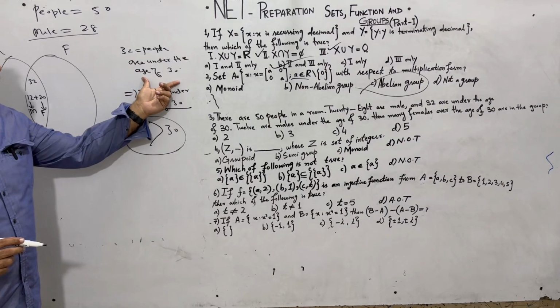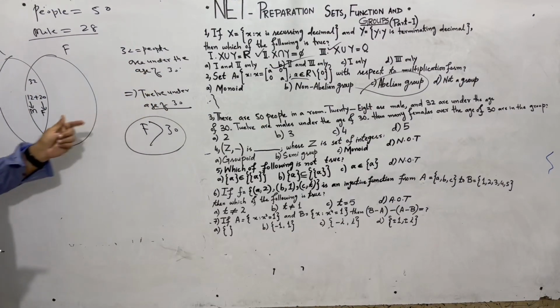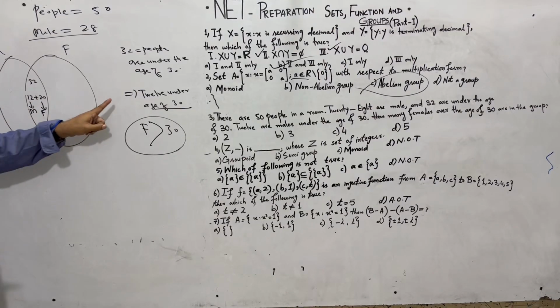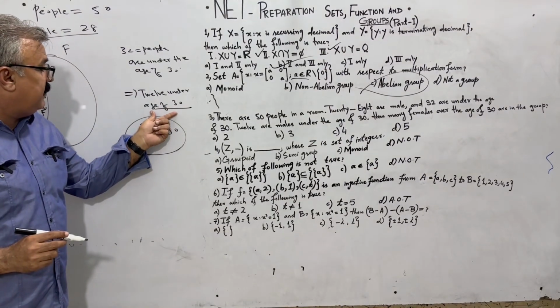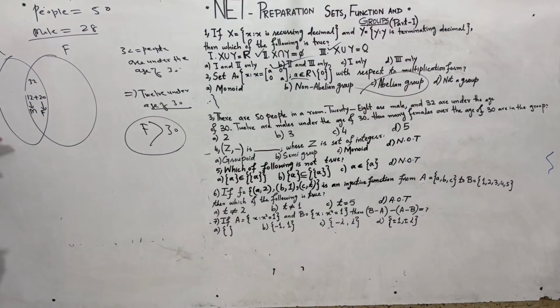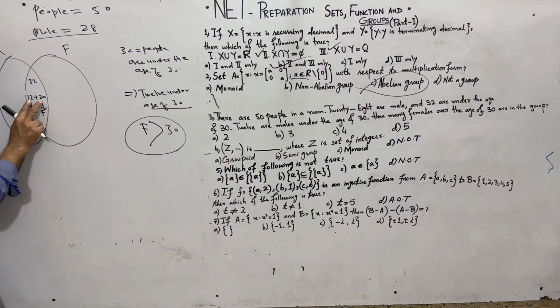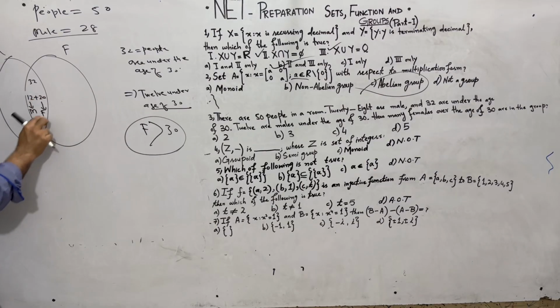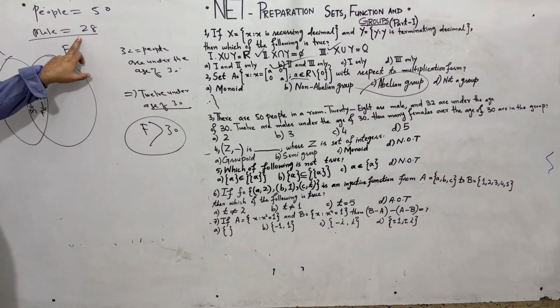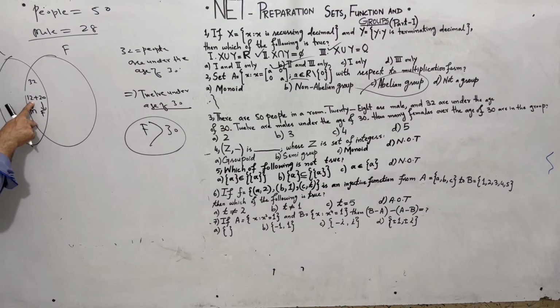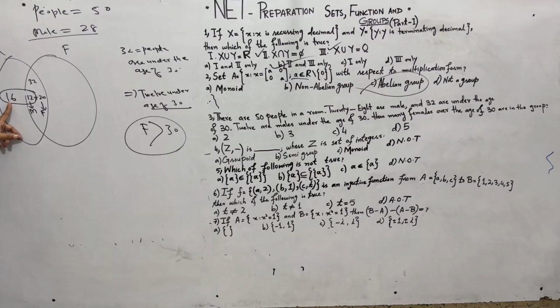So 12 male while 20 female. And collectively males are 28, so 12 plus 16, 28 males, we have combined.